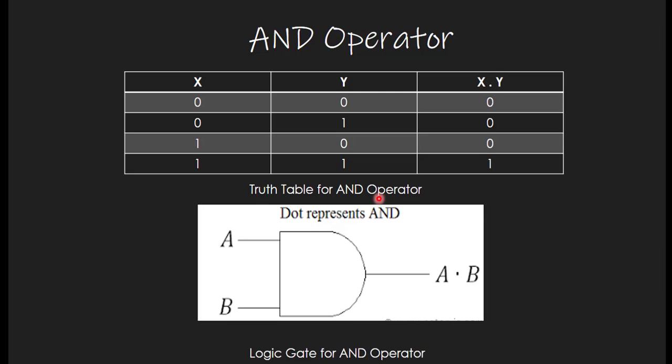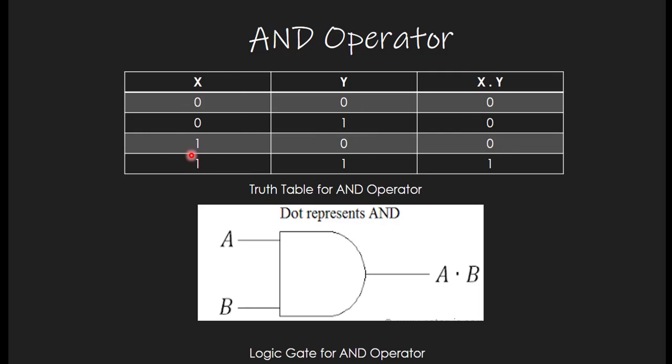This we can summarize in the form of a table, known as a truth table, that contains all the input combinations along with the output produced by each input combination. So when x is 0 and y is 0, the output will be 0. When x is 0 and y is 1, the output will be 0. When x is 1 and y is 0, the output will be 0.